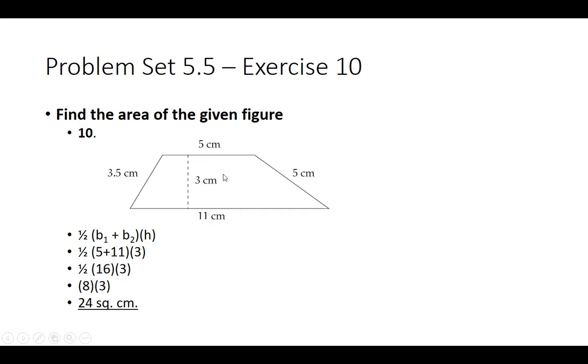We just need the bases and the height. So 1/2 of base 1 plus base 2 is 1/2 of 5 plus 11 is 1/2 of 16 is 8. Multiply that by the height, which was 3, and we get 24 square centimeters. Again, that's square centimeters because this is area and our measurements were in regular centimeters.